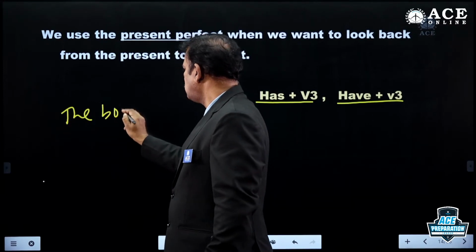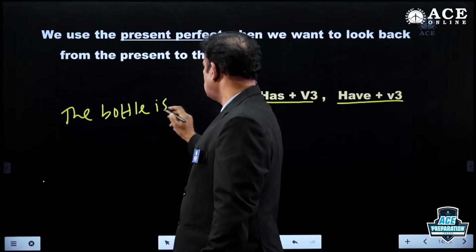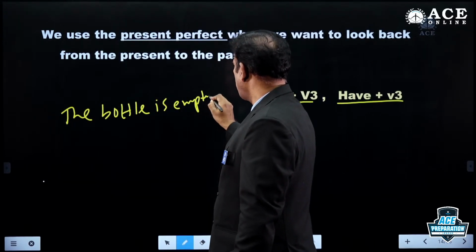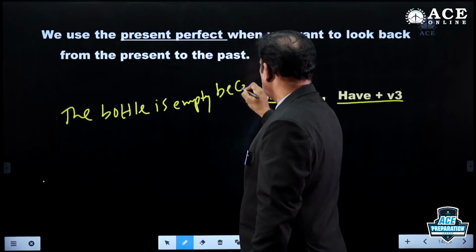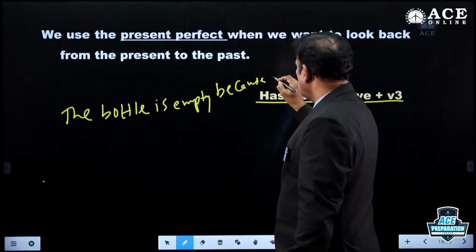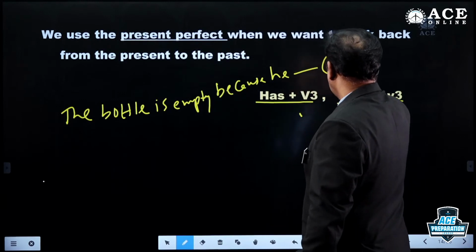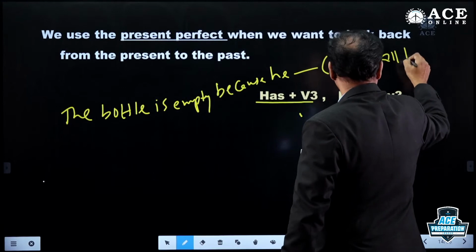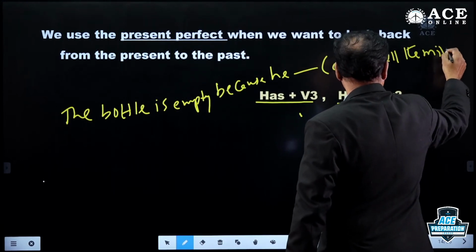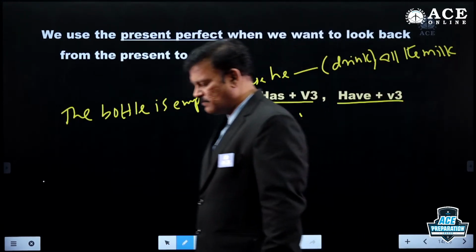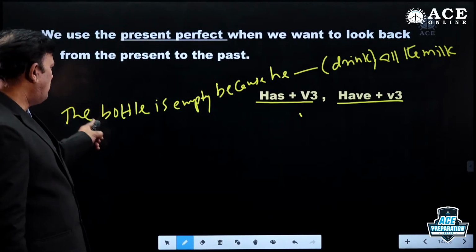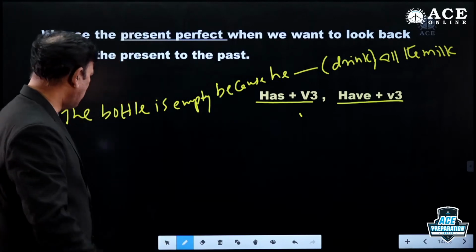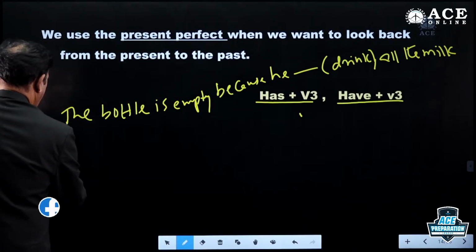The bottle is empty because he drank all the milk. I'm using the complete board. The bottle is empty because he has drunk all the milk. Okay? Look at one more.